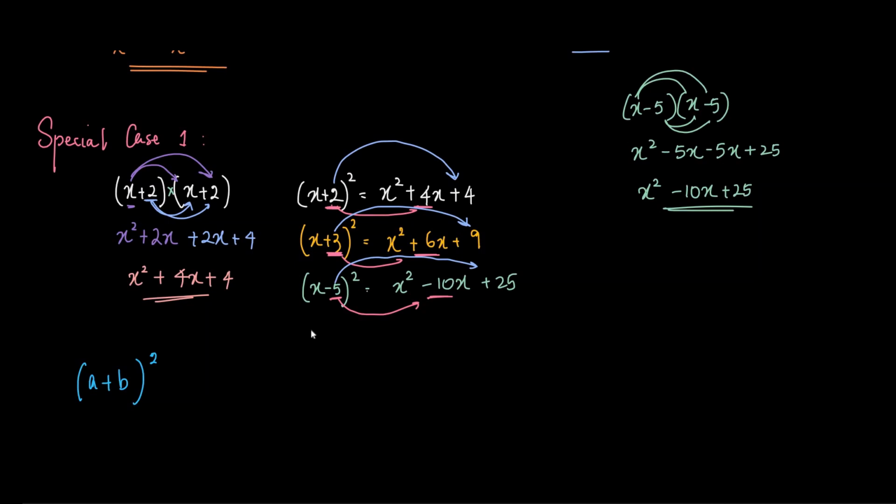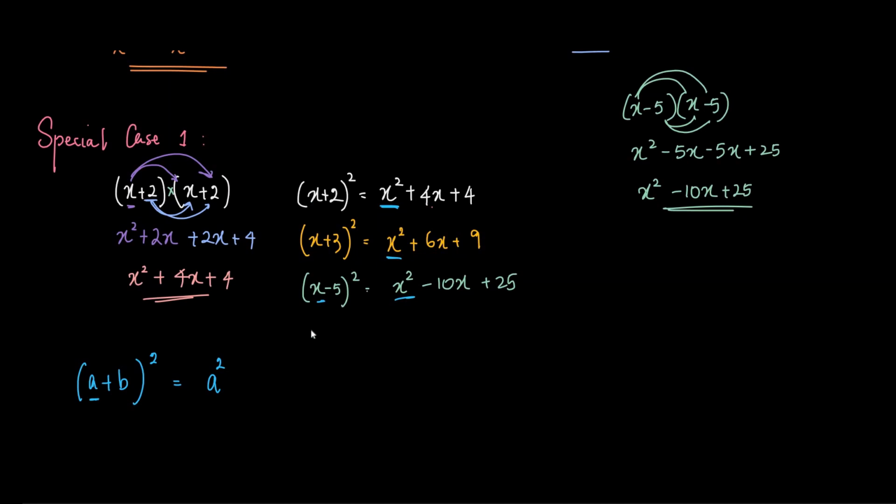Looking at the pattern, the first term of all these examples is the x, and that is x squared. x, x squared, x, x squared. So in the formula, if the first term is a, we say a squared. Now let's look at the second term.